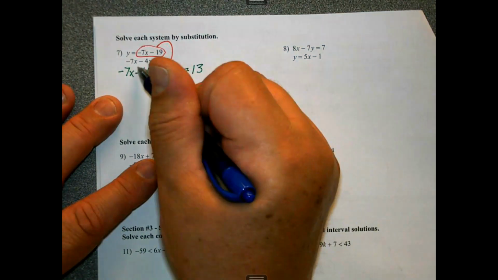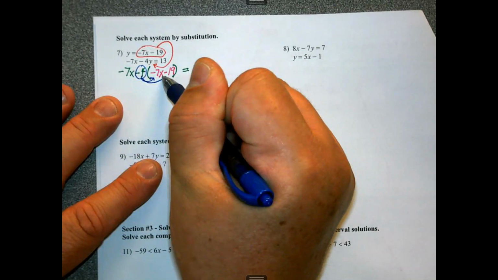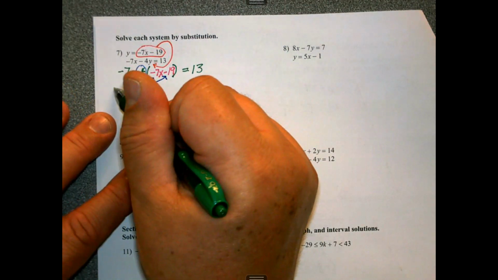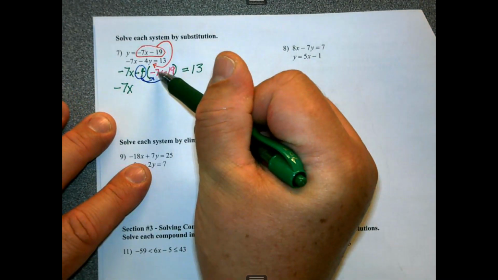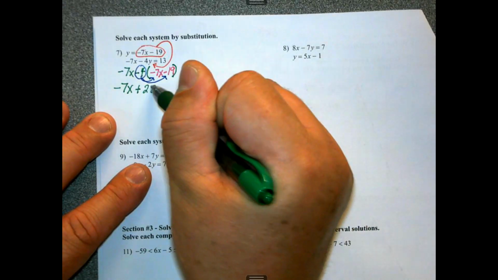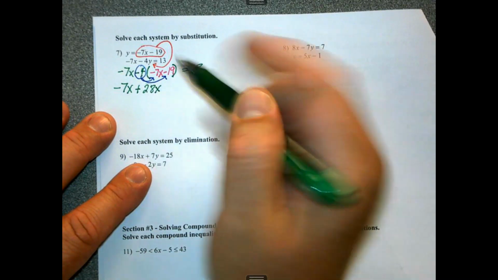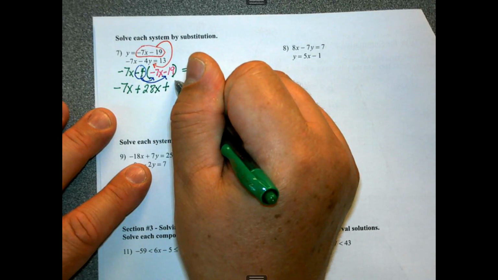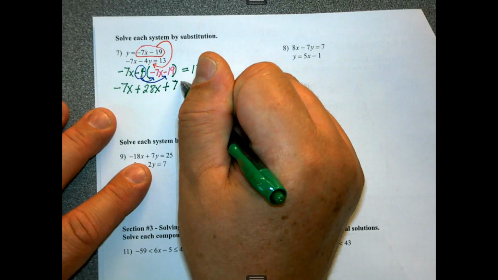I'm going to have to distribute that negative 4 over the parentheses. So I get negative 4 times negative 7x, positive 28x. Negative 4 times negative 19 is a positive 76.